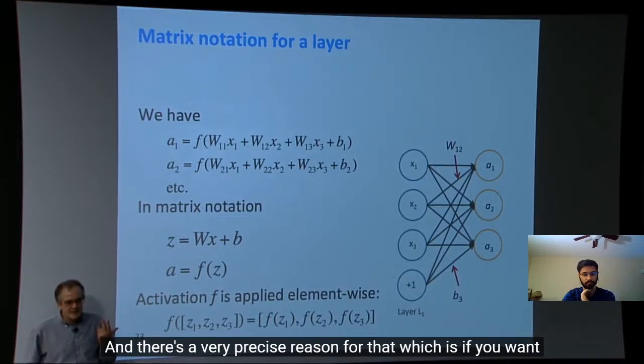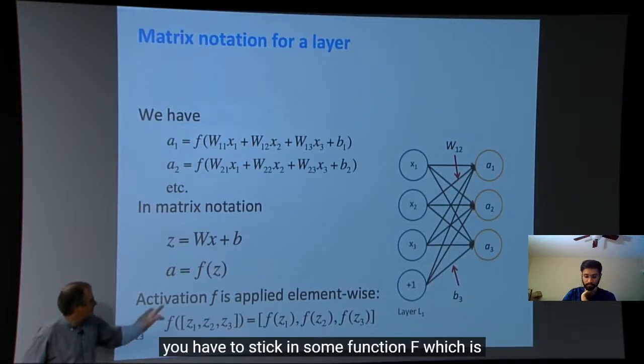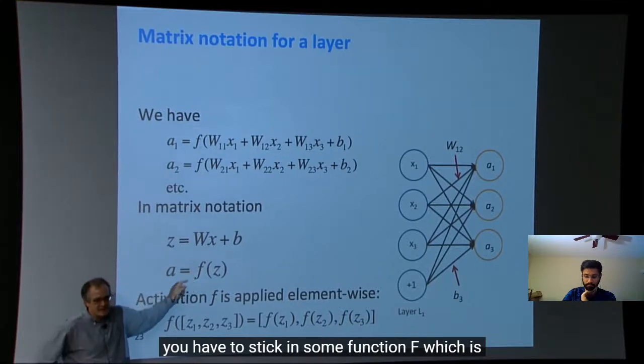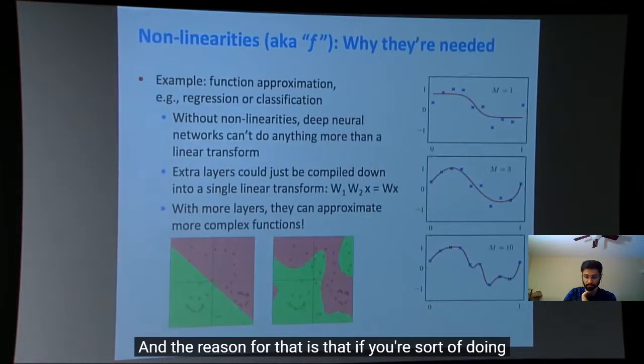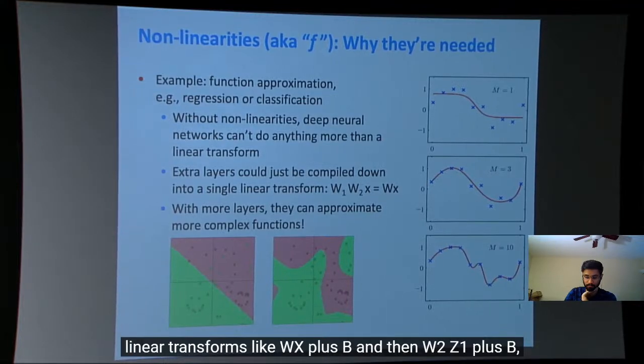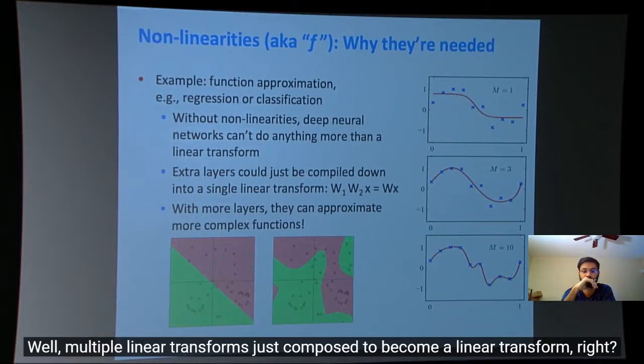If you want to have a neural network learn anything interesting, you have to stick in some function f, which is a nonlinear function, such as the logistic curve I showed before. The reason is that if you're doing a sequence of linear transforms like wx plus b and then w2 z1 plus b, w3 z2 plus b, well, multiple linear transforms just compose to become a linear transform, right?